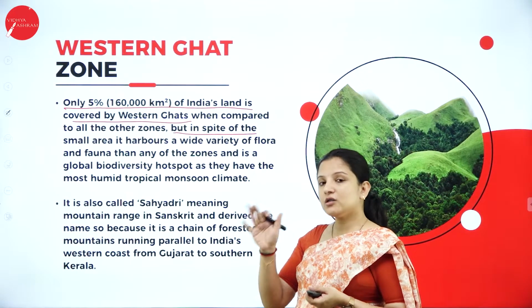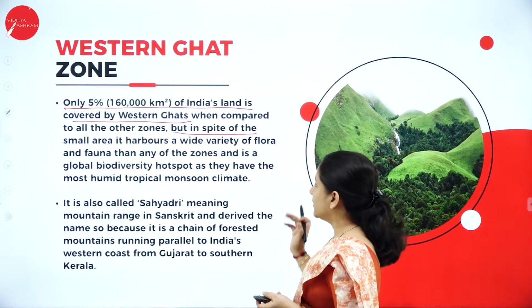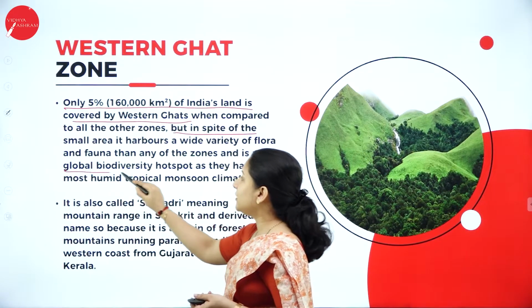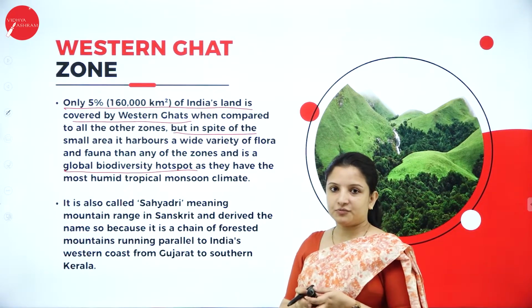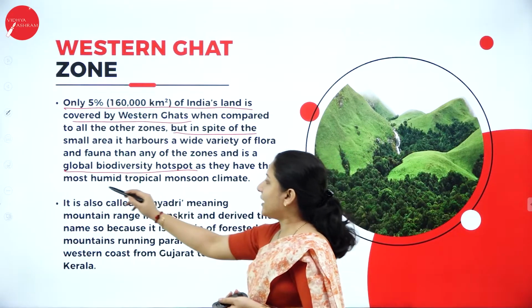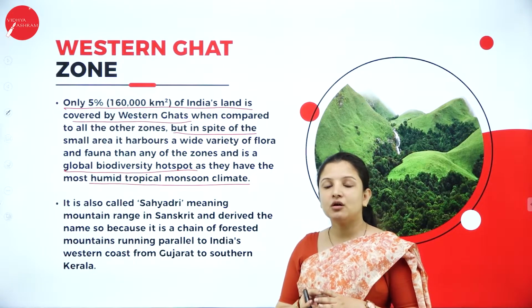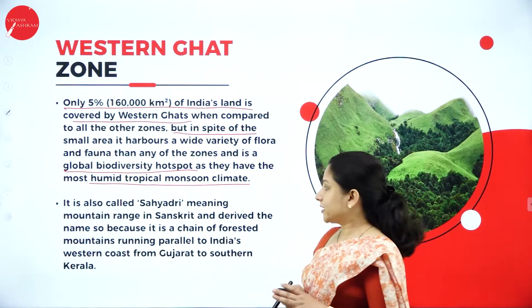When compared to all the other 9 zones, Western Ghats is rich in flora and fauna. Therefore, it is a global biodiversity hotspot, and it is very rich because it has a humid tropical monsoon climate which supports a variety of living organisms.